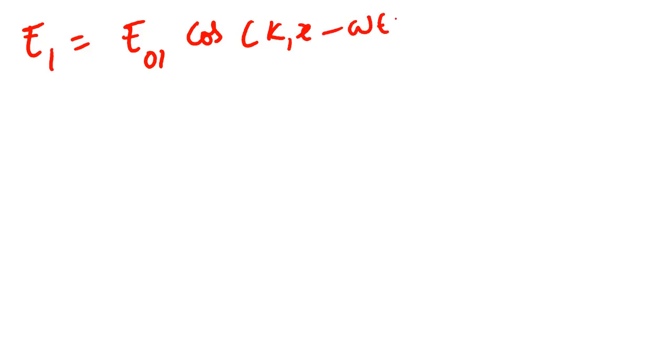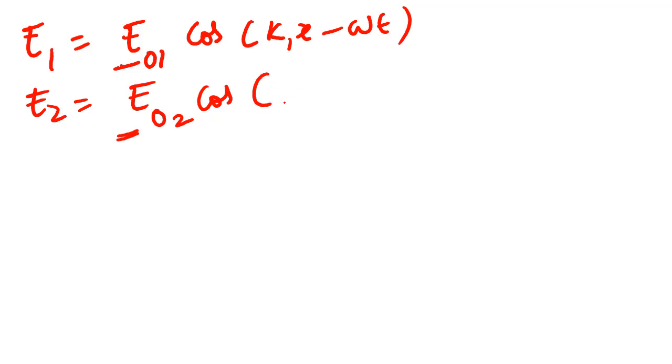We have seen that we have the wave equation, and if we have two different electric fields, let's say E1, which is E01 times cosine of K1x minus omega t, and E2, which is equal to E02 cosine of K2x minus omega t. Here E01 and E02 are the maximum that the electric field can achieve in each wave.